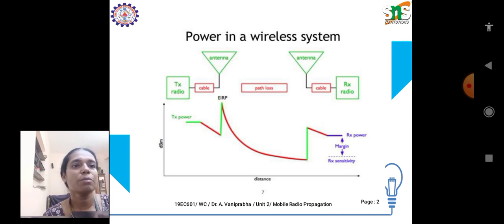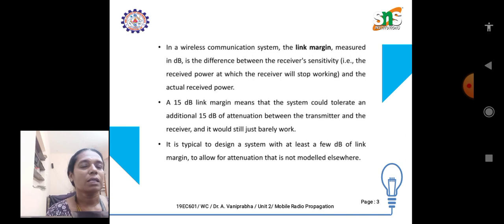In a wireless communication system, the link margin, which is always measured in decibels, is the difference between the receiver sensitivity and the actual received power. A 15 dB link margin means the system could tolerate an additional 15 dB of attenuation between the transmitter and receiver.